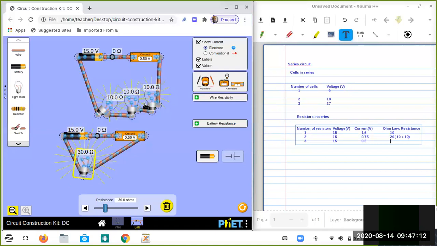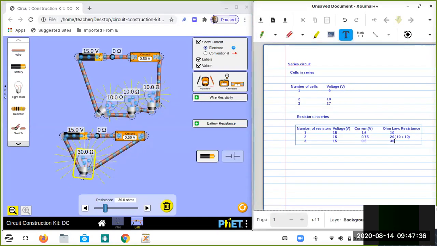So instead of connecting 3 resistors, each one of 10 ohms, we can just connect 1 resistor, which is 30. So the total resistance in the circuit is now equal to 30 ohms.